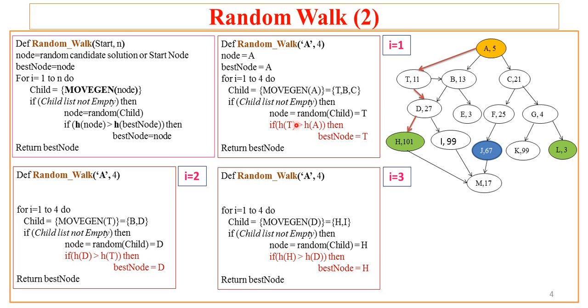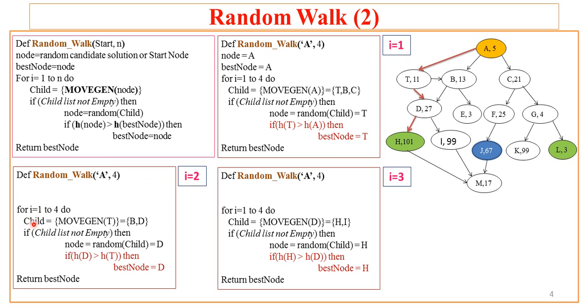For this iteration, the heuristic of node T is compared with the heuristic of node A, and if it is greater, the best node will be replaced with this new node. So here in our case T has a higher heuristic as compared to the current best node A, because A has heuristic value 5 and T has heuristic value 11. So this is true, and our best node will be T.